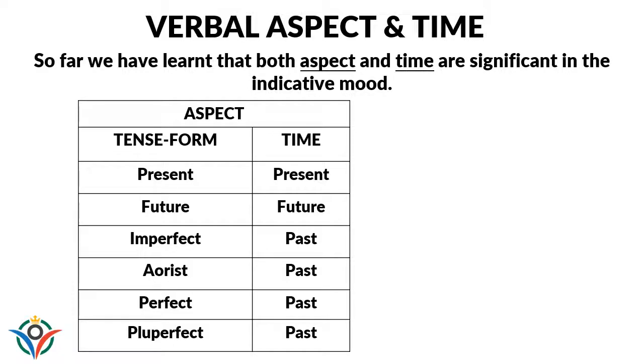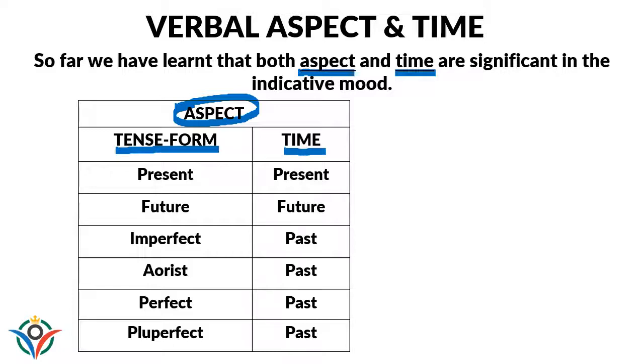So let's take some time now to speak about the relationship of verbal aspect and time to the subjunctive mood. So far, we have learned that both aspect and time are significant in the indicative mood. So within the framework of verbal aspect being the subjective perspective or viewpoint from which an author communicates the action of a verb, we have tense form and time.